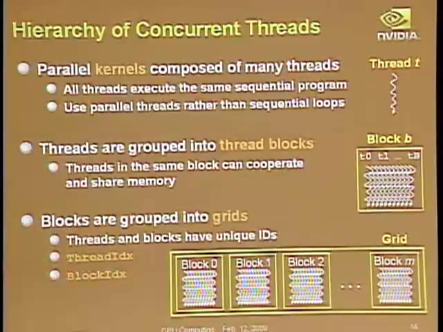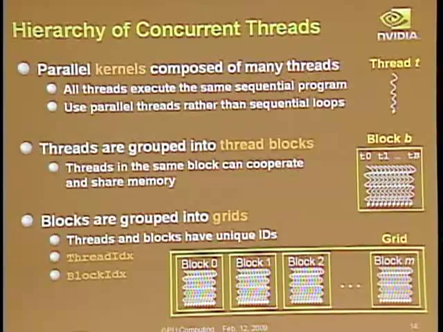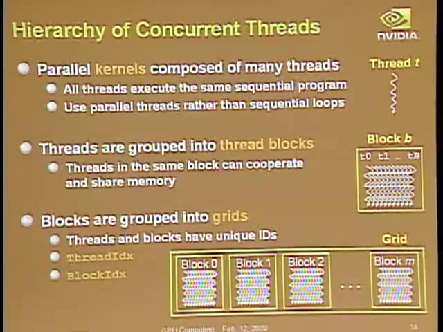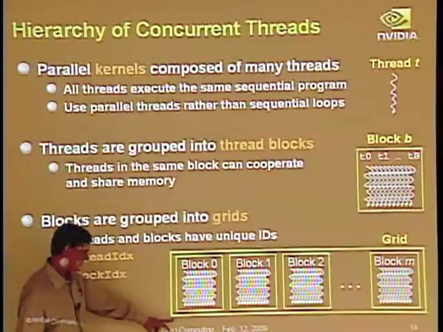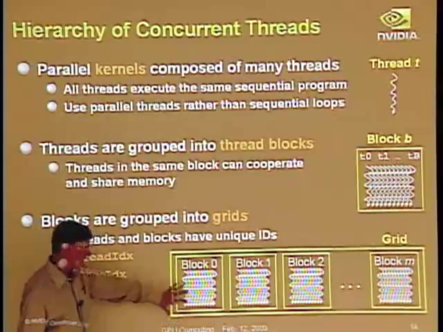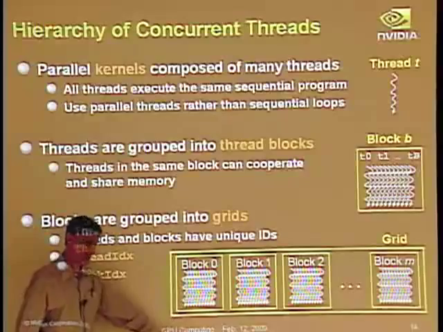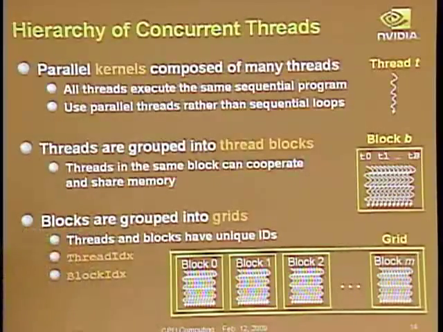Right. Okay, but then you said that as a programmer, you have to assume that there are no scheduling guarantees. Correct. Well, we do guarantee that you can set a barrier between the completion of this grid and the start of a dependent grid.